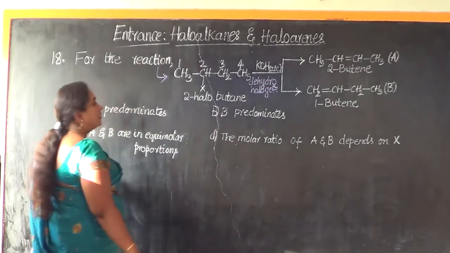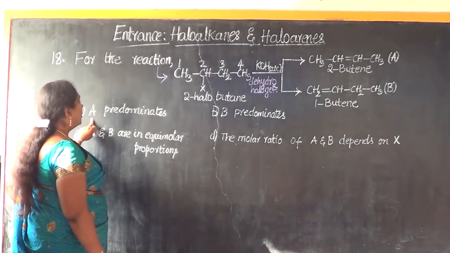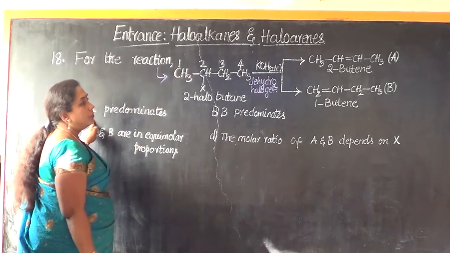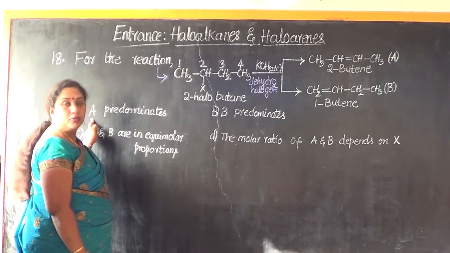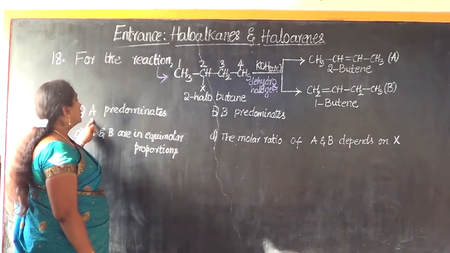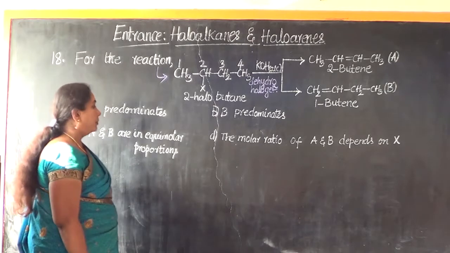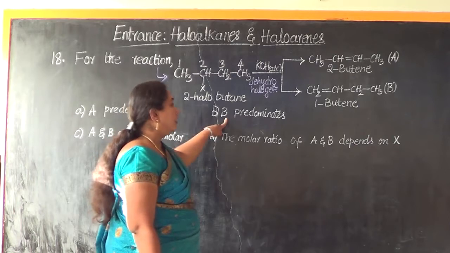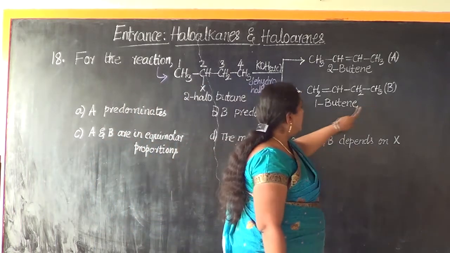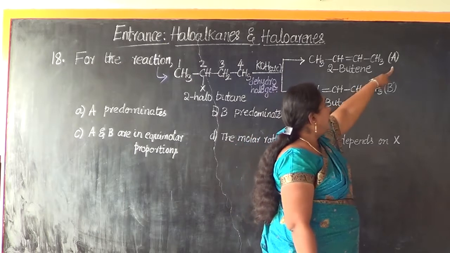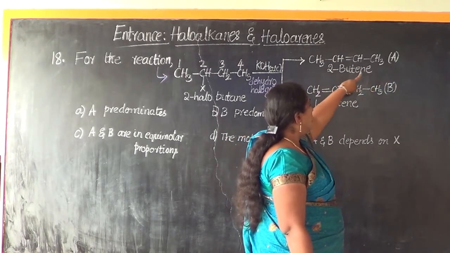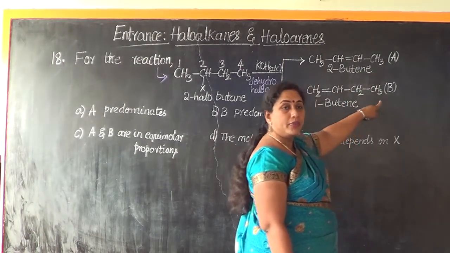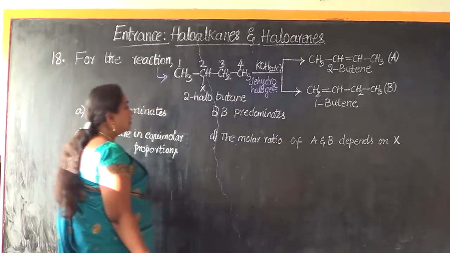Now let us look into the different options. Option A: A predominates. Is it that 2-butene will be produced in major quantity? Predominates means it's going to be present in larger proportion. Or is it that B, which is 1-butene, is going to be produced in larger quantity?